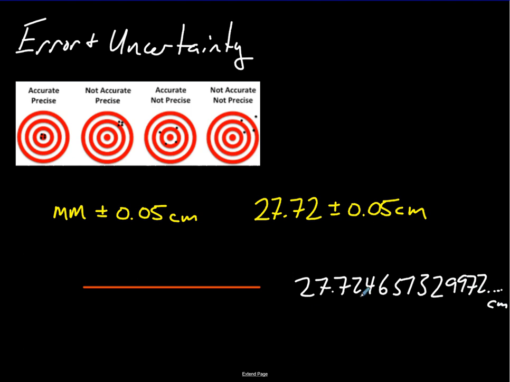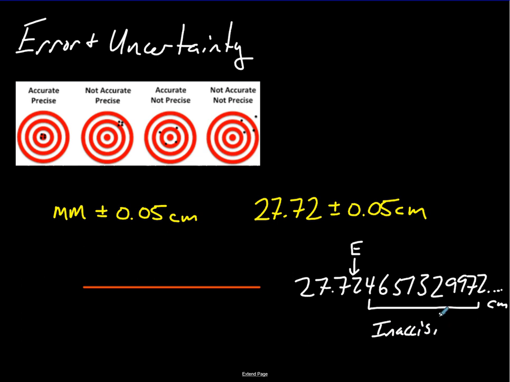That could be the true value. With our ruler, though, we can only really access to here. And not only that, this has to be an estimated digit. We're saying it's a little bit more than 7, but a little bit less than 8. So somewhere in there, and we estimated that digit. These are inaccessible.